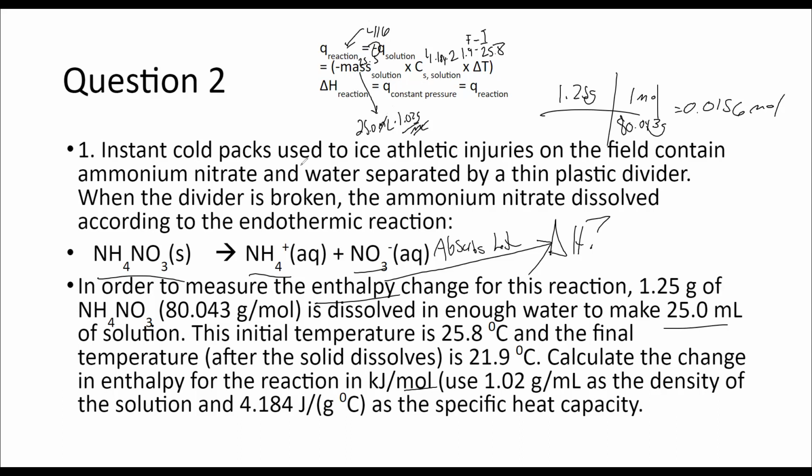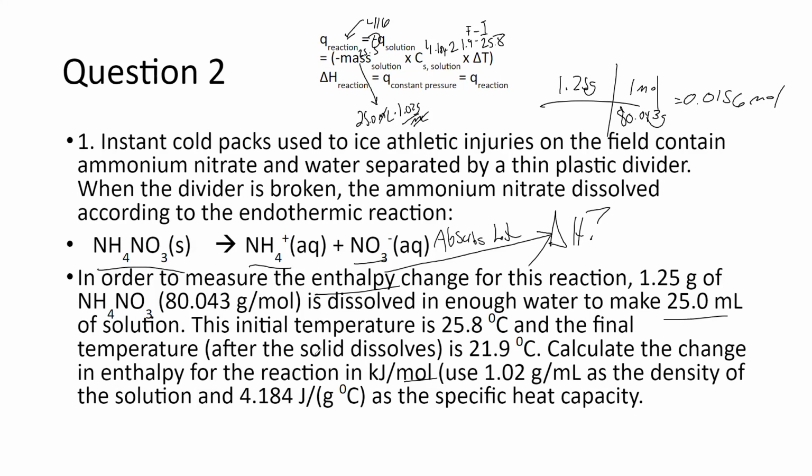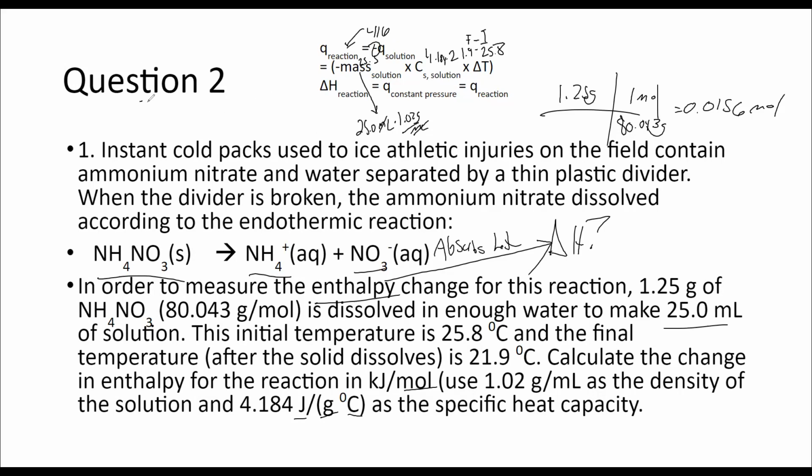But let's look at our units so far. Our units for the heat capacity of solution are in joules per gram centigrade, so this 416 is 416 joules. Let's look at what I'm asking for: kilojoules per mole. So I need to convert that. There are 1,000 joules in 1 kilojoule, so this is 0.416 kilojoules. I'm looking for kilojoules per mole, and we already solved for moles.